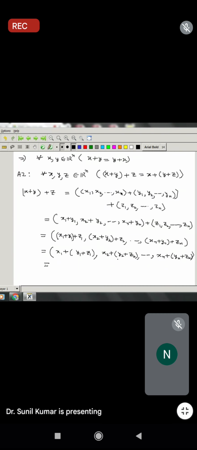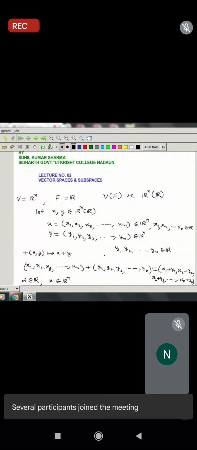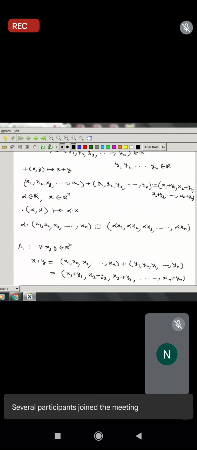And now we make the grouping, because this is one vector, this is second vector. So how do we define the addition? We define addition like this: first vector plus second vector, we can separate them. So how can we separate this?